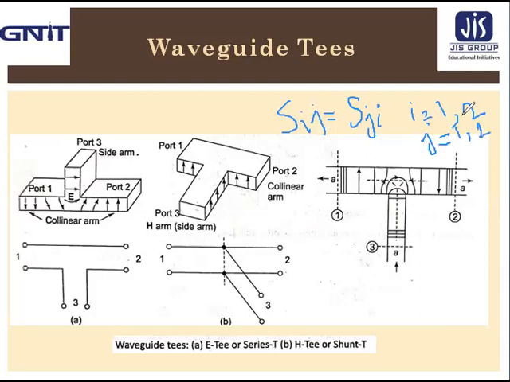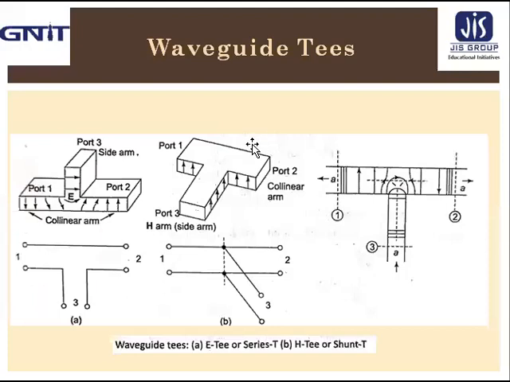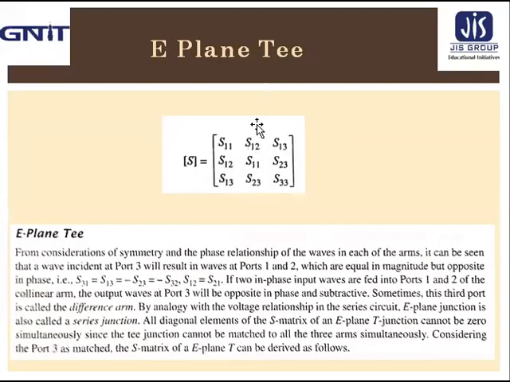And the general S matrix for a T junction is S equal to S11, S12, S13; S12, S11, S23; S13, S23, S33.